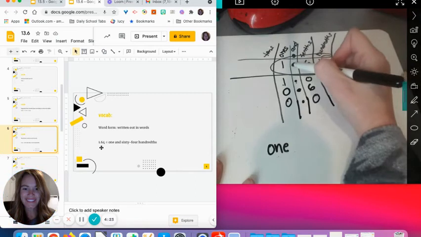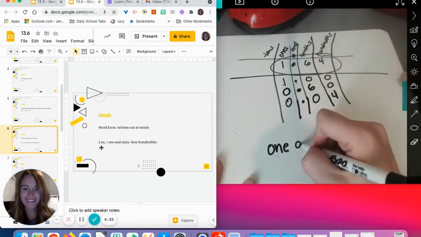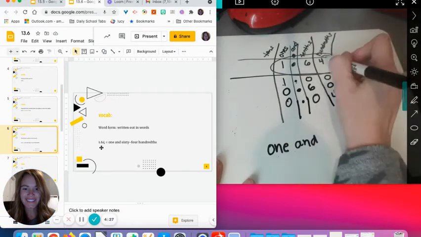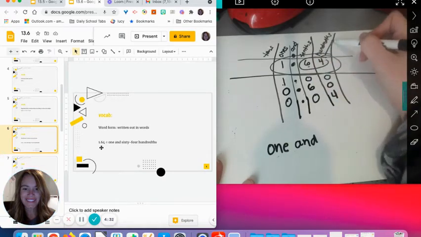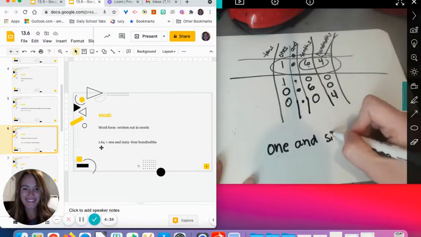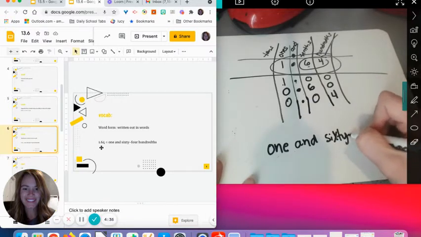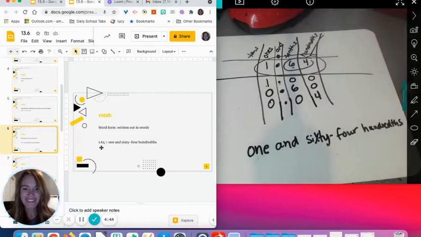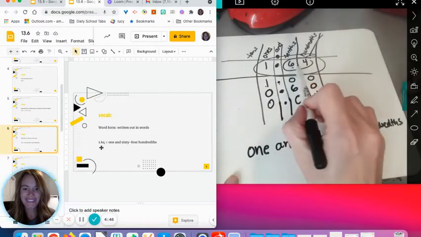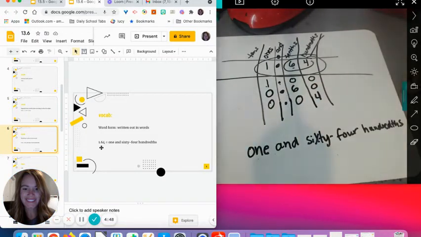This decimal point is where we read and, and then we would read this together, 64 hundredths. That's hundredths, so we need to make sure we put that THS at the end. 1 and 64 hundredths.